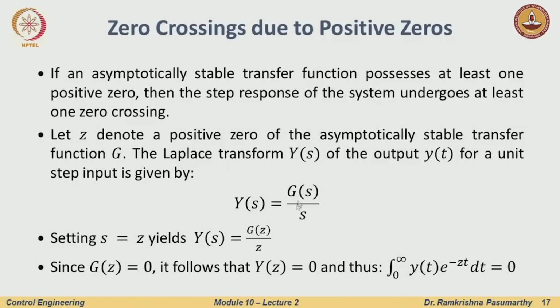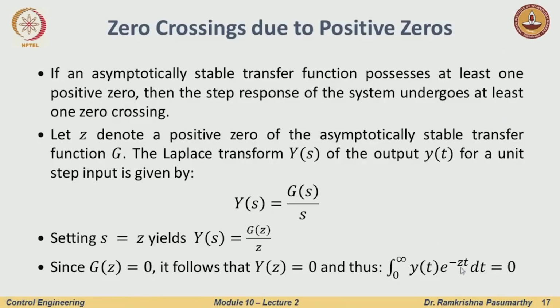The Laplace transform of the output, if I am just looking at a step, is Y(s) equal to G(s) over s. What happens at s equal to z, which is the positive zero? Y(z) is G(z) over z, and G(z) equal to 0 means that Y(z) equal to 0. And what is Y(z)? Y(s) is the Laplace transform coming from this simple formula, the integral of e to the power minus st times y(t) dt.